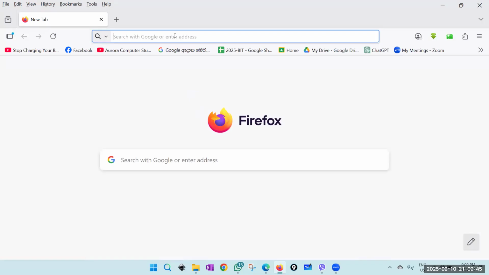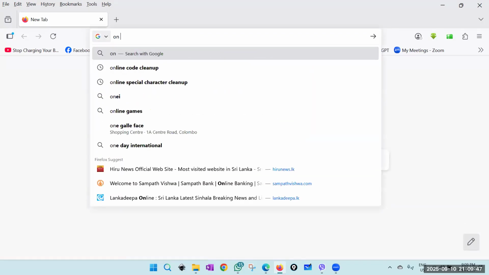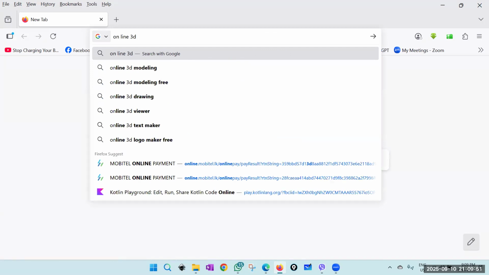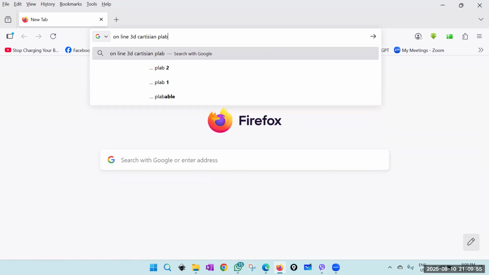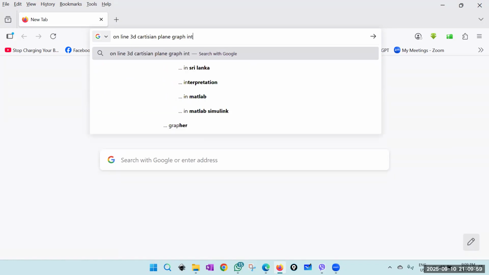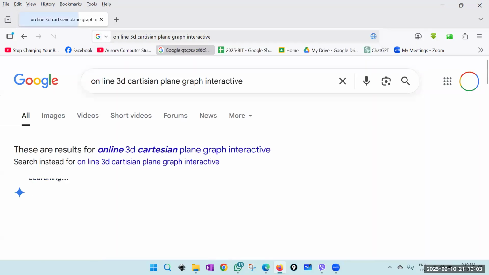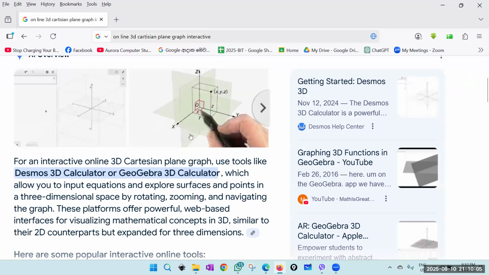Let's see whether we have an online tool. Online 3D Cartesian plane graph interactive. So you need to experience it.